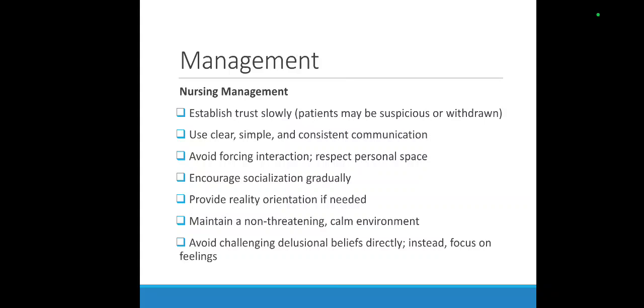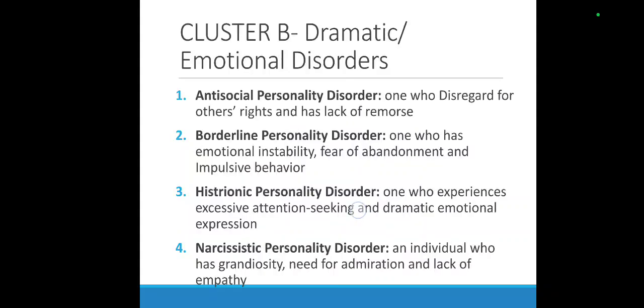Provide reality orientation if needed. Maintain a non-threatening, calm environment. Avoid challenging delusional beliefs directly. Instead, focus on the feelings of the patient. You have to respect their delusions, their feelings, okay?